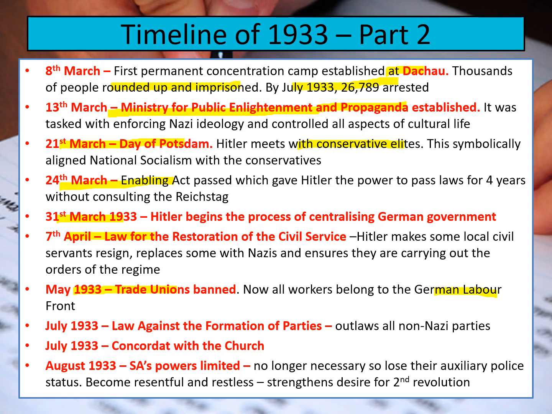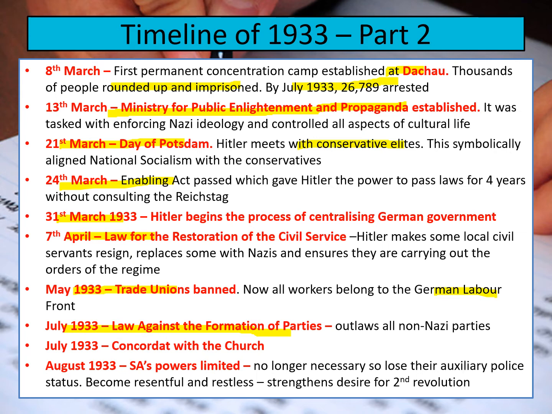By the time we get to July, there is some massive progress made for Hitler in terms of establishing dictatorship and reducing opposition, because he ends up creating something called the law against the formation of new parties. Now, at this point, some of the parties have actually already voluntarily disbanded.